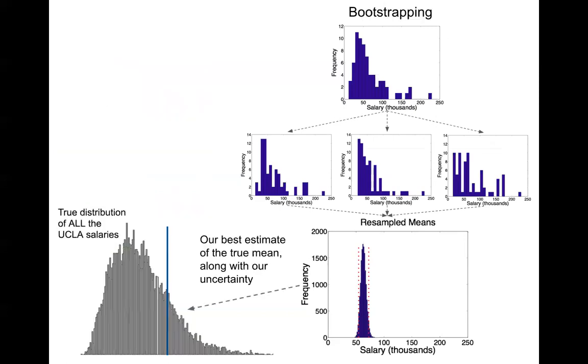That's what you get. So essentially, our best guess would be the mean salary is $64,000 and it's between 57 and 69. That's what you'd report in your statistics: your best guess and your confidence intervals.